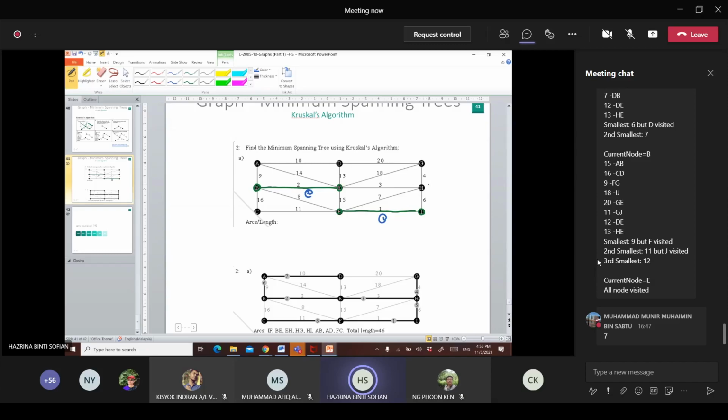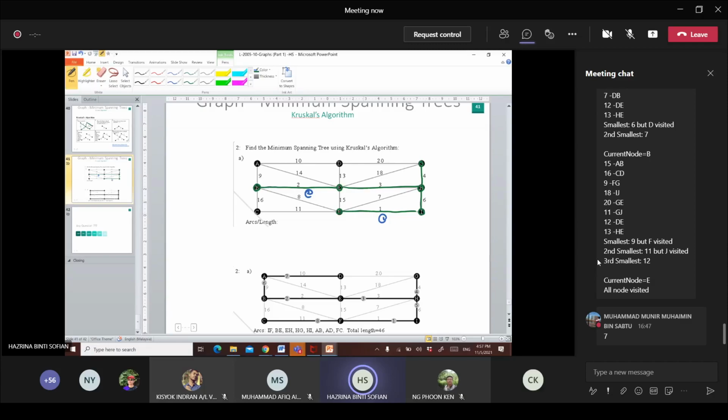Then we see there's 3, 3, 4, there's no 5, straight away 6. Okay, 7 we need to skip, because otherwise it will be cyclic. 7, 8. Okay, then we can do the 8. But if we do this 8, it will be cyclic.